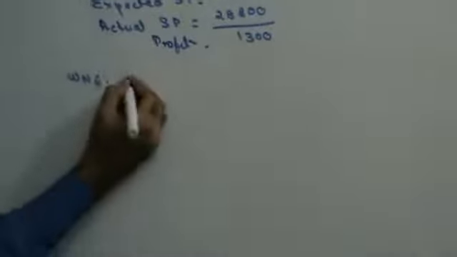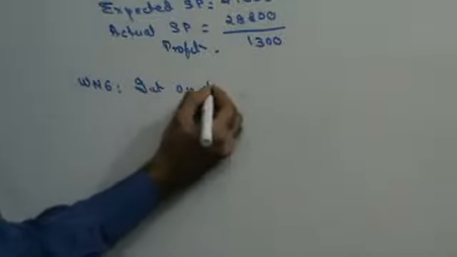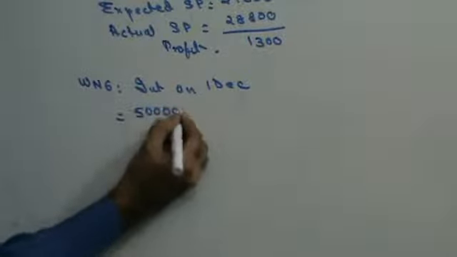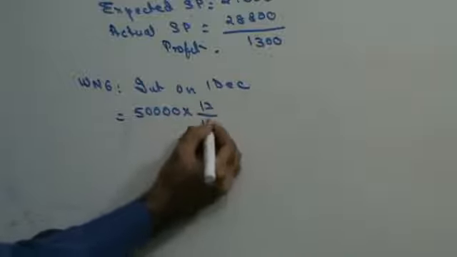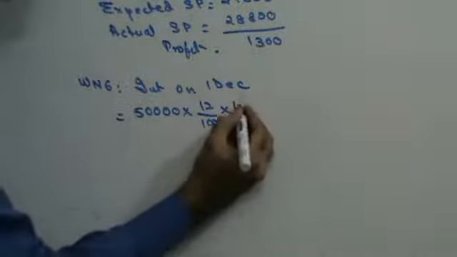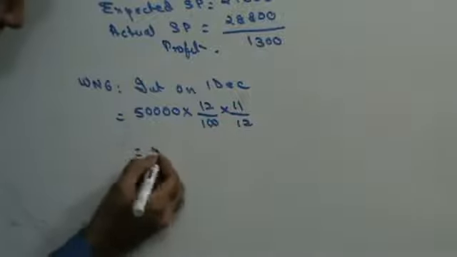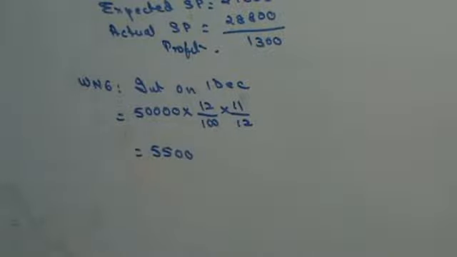Working note 6, interest on 1st December. You have sold 50,000 worth debentures at 12%. 1st December means 11 months. 5,500 if I'm not mistaken. The interest is going to be 5,500. Someone cross check please. Yes, sir.